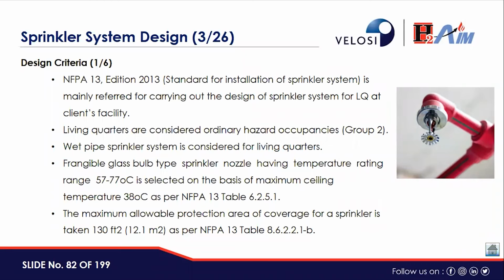Frangible glass bulb type sprinkler nozzles having a temperature rating range of 57 to 77 degrees C are selected on the basis of maximum ceiling temperature, which was 38 degrees C as per NFPA 13, table 6.2.5.1. The maximum allowable protection area of coverage for a sprinkler is taken as 130 square feet as per NFPA 13, table 8.6.2.2.1b.